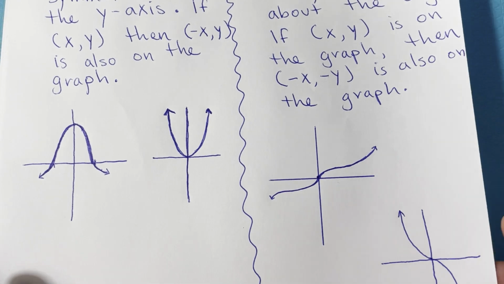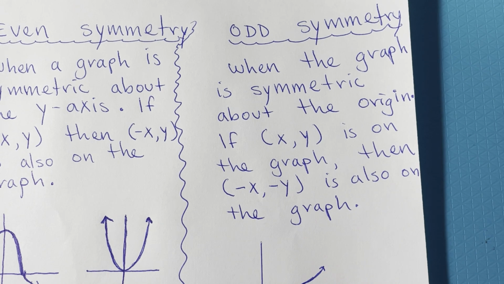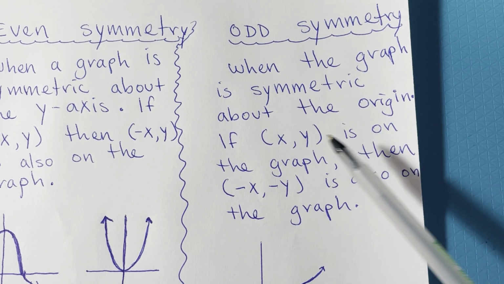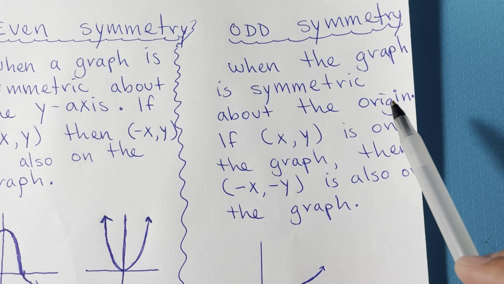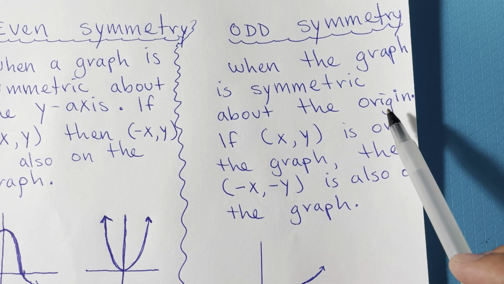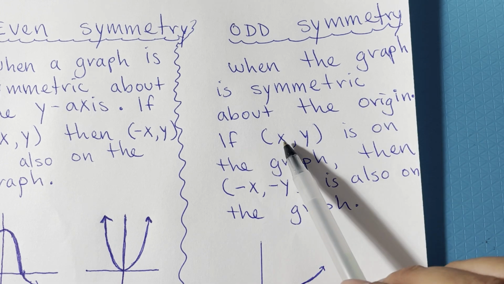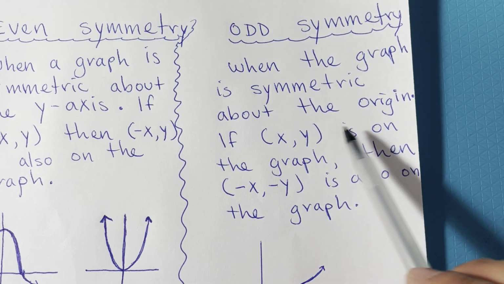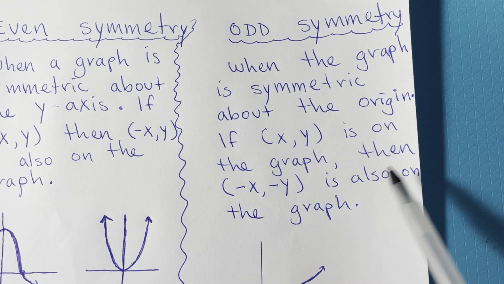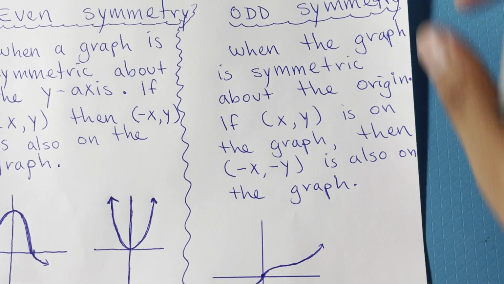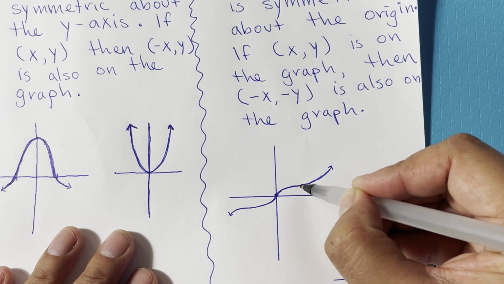Now, the other type of symmetry is odd symmetry. And that's when the graph is symmetric about the origin. Basically, this is a rotation, a 180 degree rotation. It says if (x, y) is on the graph, then (negative x, negative y) is also on the graph. And basically here, let's say that this point is right here.